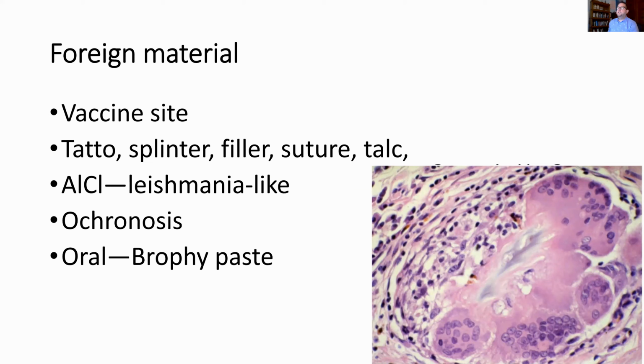So foreign material, this is a big subject, and just know that foreign material, as I said, can be something exogenous, introduced outside the body, or it can be something from inside the body. We could give a whole lecture on vaccine sites, and there are a number of items to this.